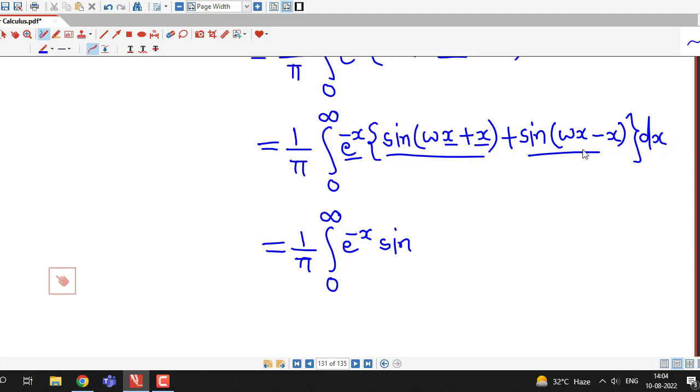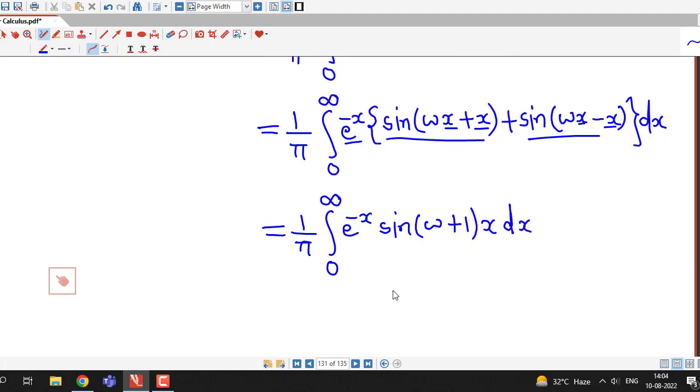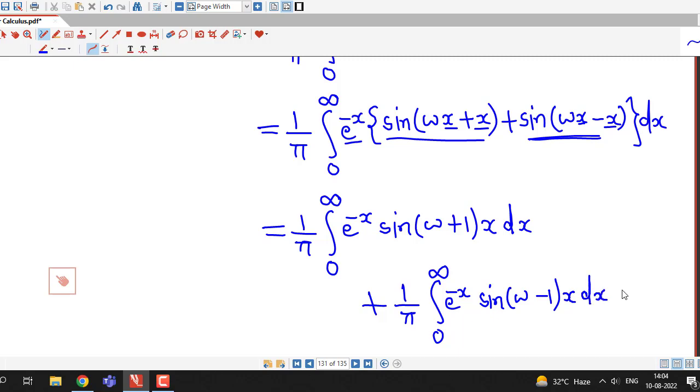Simultaneously we can take x common also, so that we have sine of omega plus 1 x integral with respect to x, plus this 1 over pi is in the product, integral from 0 to infinity, and e raised to minus x into this function with x taken common, and we are having sine of omega minus 1 x dx.